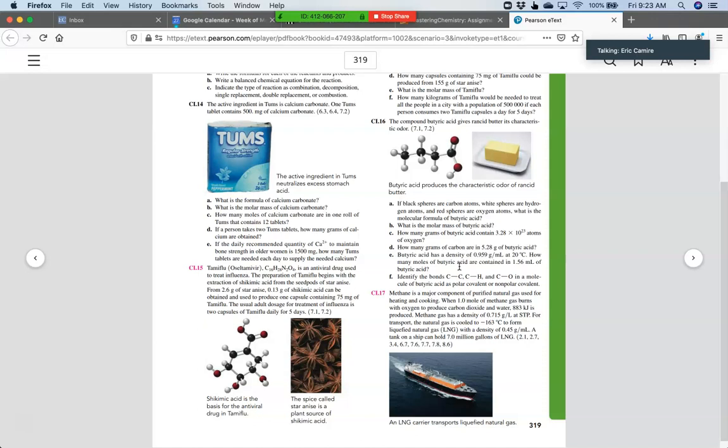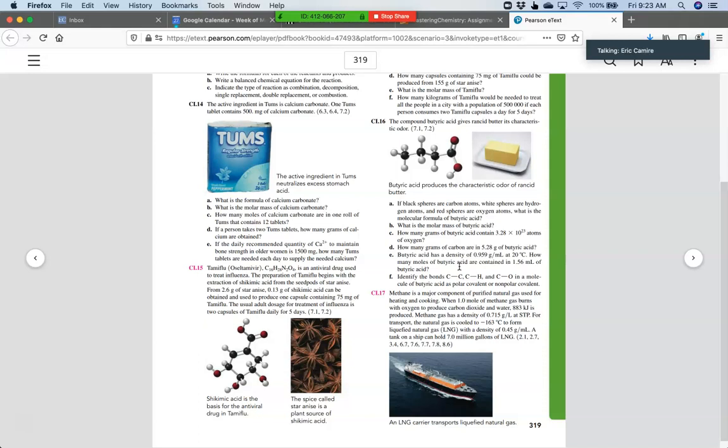It says the mass of star anise, I'm going to call it SA, is 2.6 grams. The mass of shikimic acid, I'll call it SH, is 0.13 grams, which can be obtained and used to produce 1 capsule.